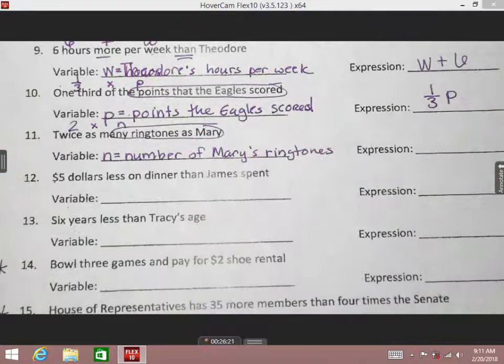Alright, 2 times N. How am I going to write that? Caleb, how would I write 2 times N? Adriana, can you help me out? How do I write 2 times N?